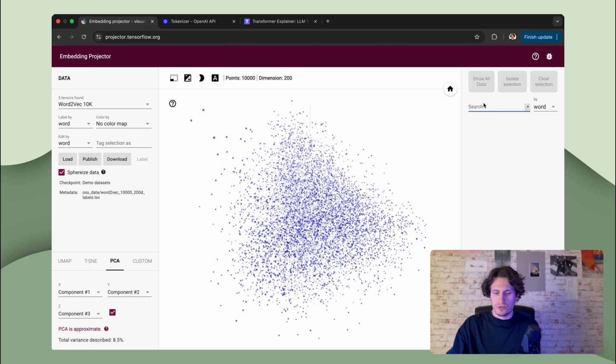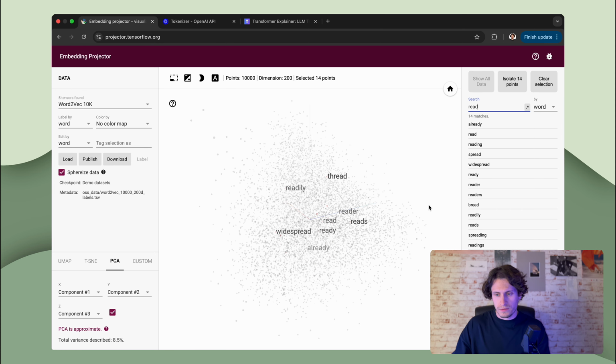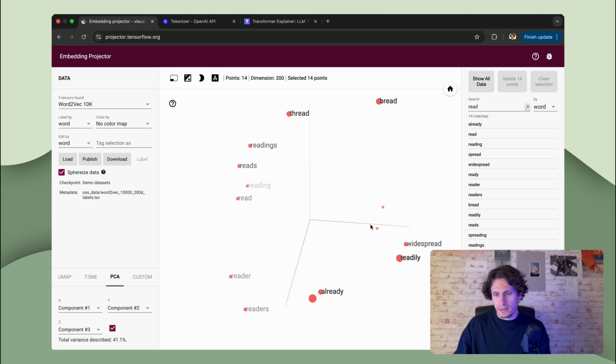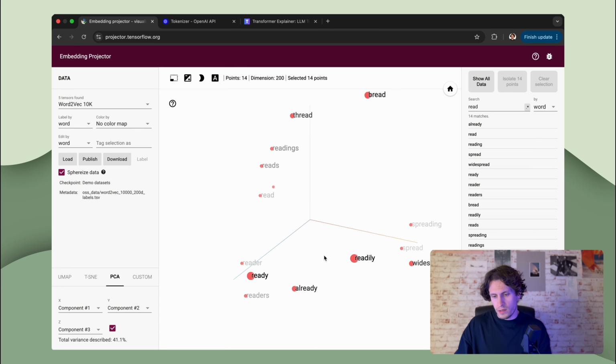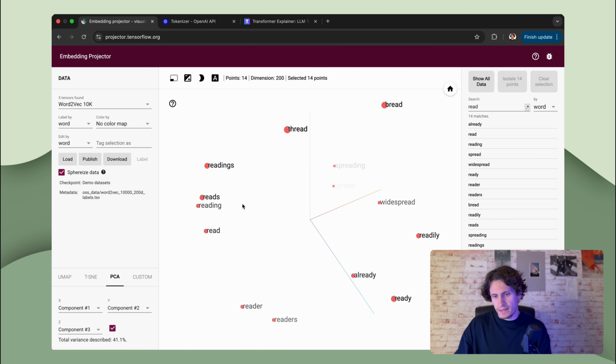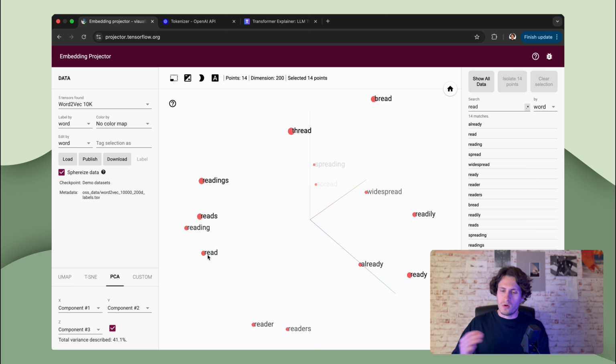So let us search the word "read". Here we can see the most related words. We can isolate them and see how this word relates to the closest, in terms of sense, most related words in the LLM's vocabulary.